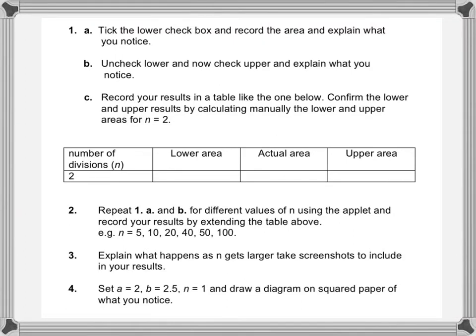Okay, you need to explain what happens as n gets larger. So it says here, set A to 2, and B to 2.5, and n equal to 1, and draw a diagram on square paper and see what you notice. Let's have a go at that.